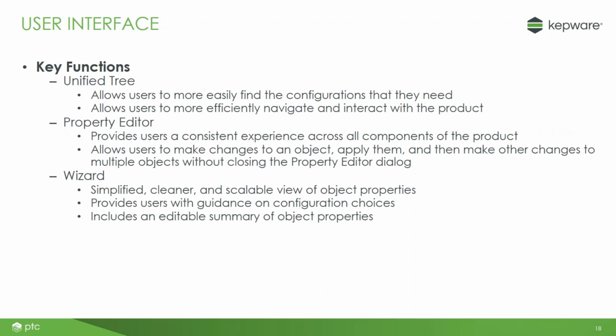We unified all of our plugins into the tree so that you can see at the very top level within your project not only your connectivity, but you can also see the plugins that are configured, and you can better understand what's going on. We standardized on a property editor, which allows you to rapidly go in, make changes to properties, apply them, and make changes across your entire project. And finally, we standardized the wizard to just walk you through a much more logical approach to configuring the project.